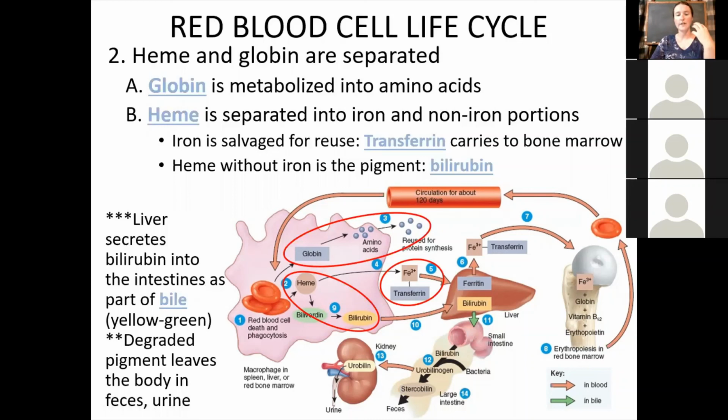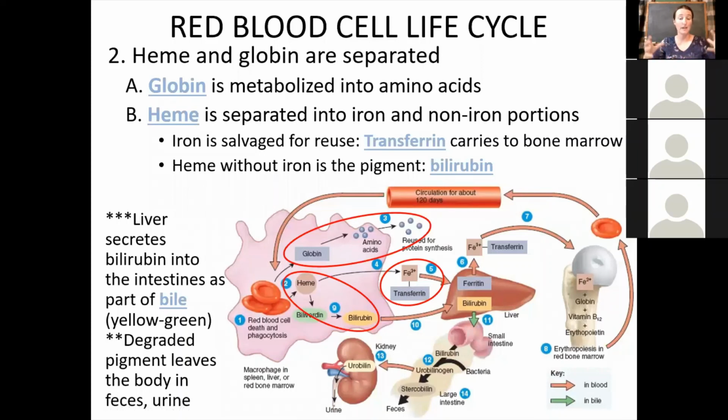Also, this pigment, through a process we'll talk about later this semester, can also be eliminated from the blood by the kidney. Bilirubin has this yellowish tint to it, and so when this bilirubin derivative is released by the kidney in the urine, it also gives the urine that yellowish tint as well.